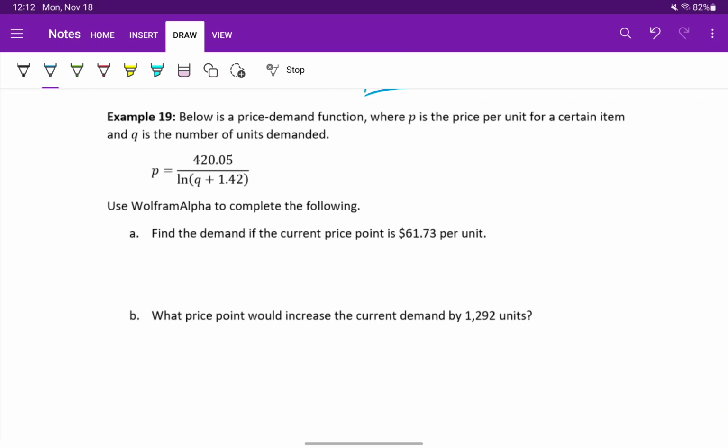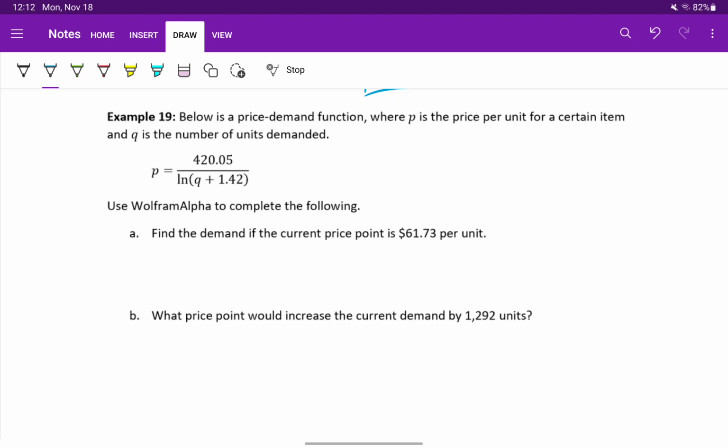In example 19, we have a price demand function where P is the price per unit for a certain item, Q is the number of units demanded. In part A, we want to find the demand if the current price point is $61.73 per unit.